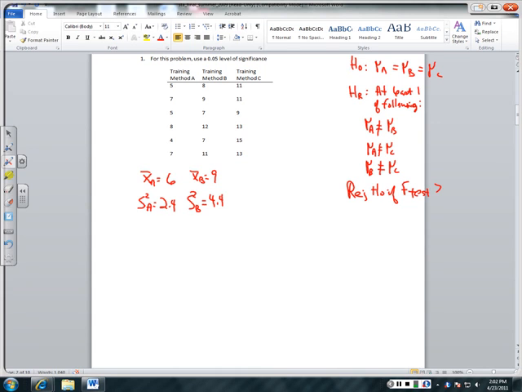So we'll need to get degrees of freedom, and for the F test, for the ANOVA, the degrees of freedom for the numerator is k minus 1. That's 3 minus 1 is 2. Remember, the k is just the number of groups, 1, 2, 3. And then the degrees of freedom for the denominator is equal to the total sample size minus k, where the total sample size is 6 times 3, because there's 3 groups there.